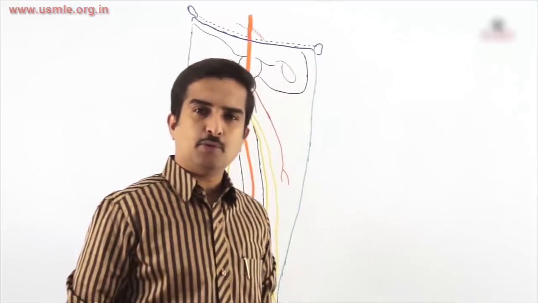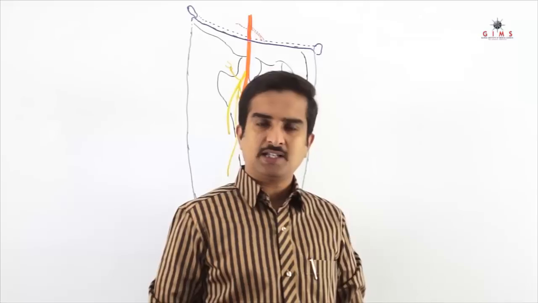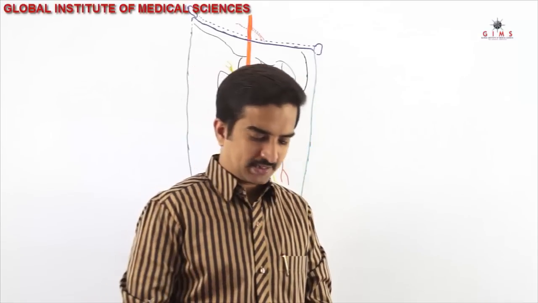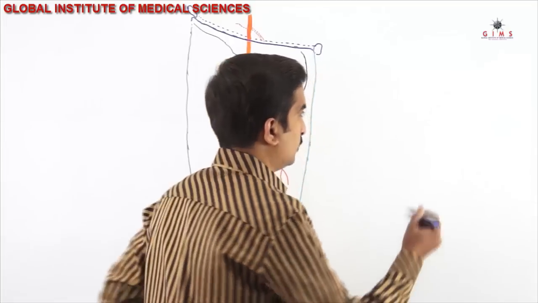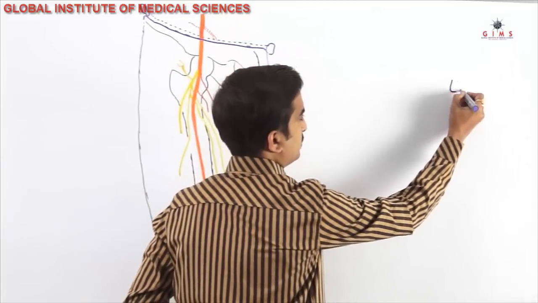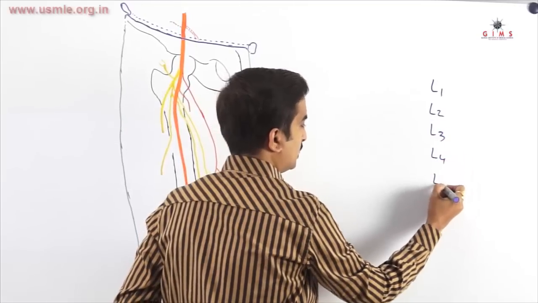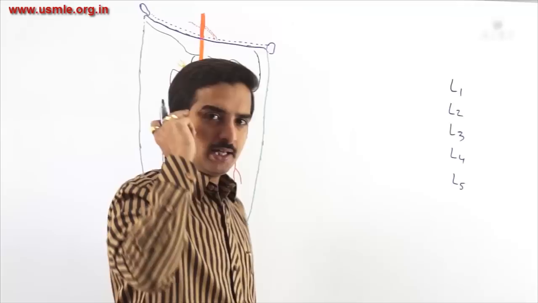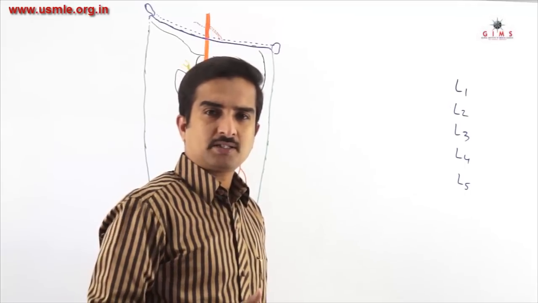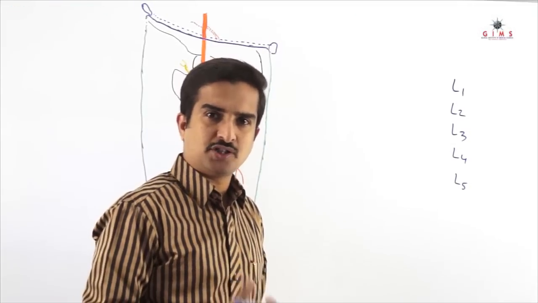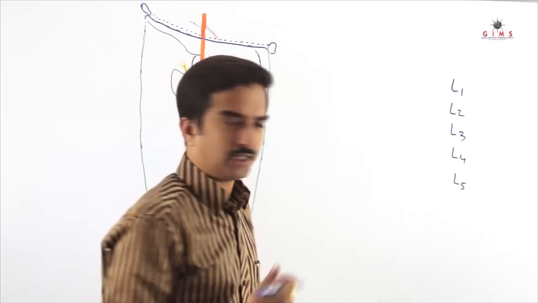You studied the lumbar plexus when we discussed the cutaneous nerves of the lower limb. In the lumbar plexus we discussed L1, L2, L3, L4, L5, and the anterior as well as the posterior divisions of the lumbar plexus, right?